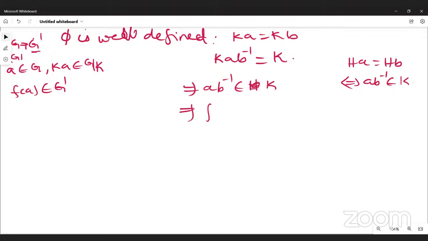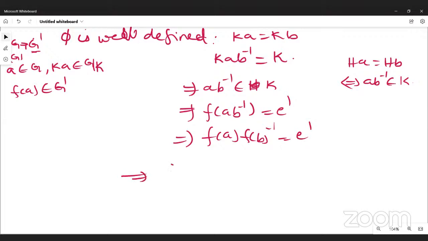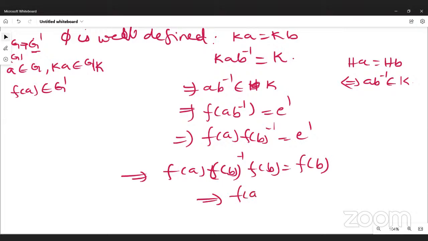What do you mean by ab inverse belongs to K? f of ab inverse is equal to e dash, which implies f of a into f of b inverse is equal to e dash. Or you have f of a into f of b inverse into f of b is equal to f of b, which implies f of a equals f of b.